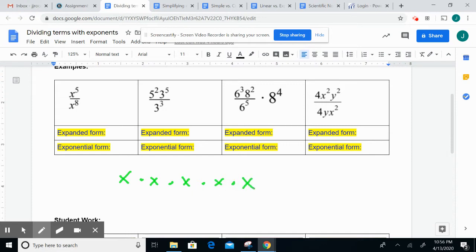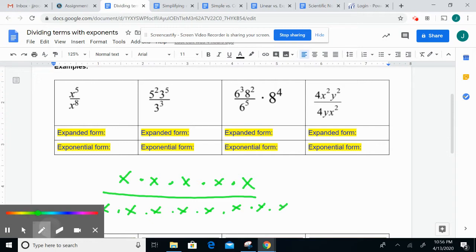And on the bottom, we have 8 x's. 1, 2, 3, 4, 5, 6, 7, 8. Not the best x's, but you might recall from our previous lesson when we were simplifying, you can just cancel anything that's the same on the top and the bottom.